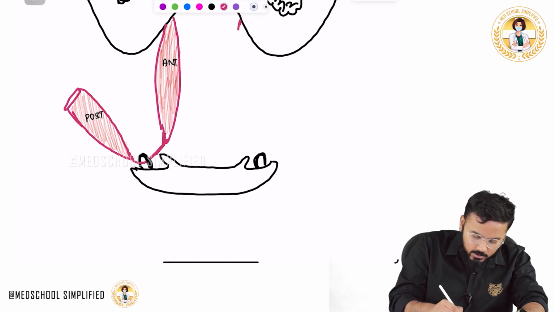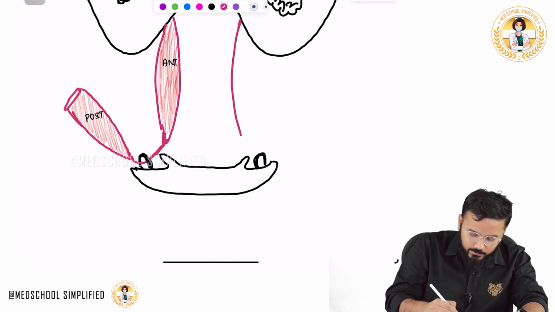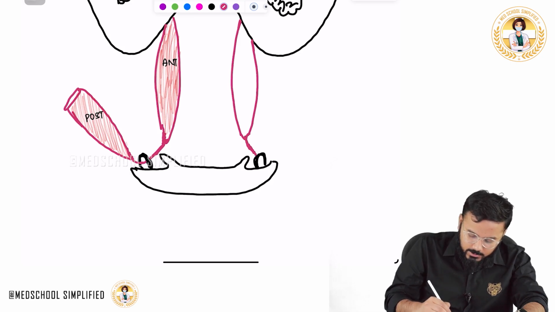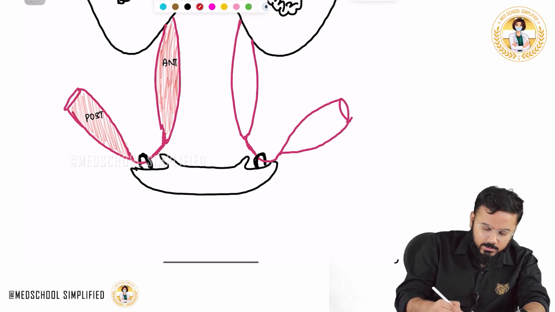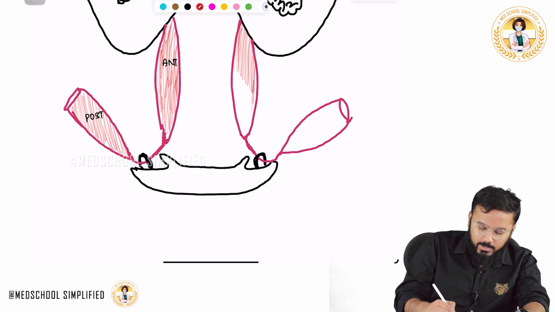So let me draw one more thing. You see this muscle over here? This muscle over here is your digastric muscle. This digastric muscle has a tendon which goes all the way like this. This is the muscle over here. So this muscle is also your digastric muscle.